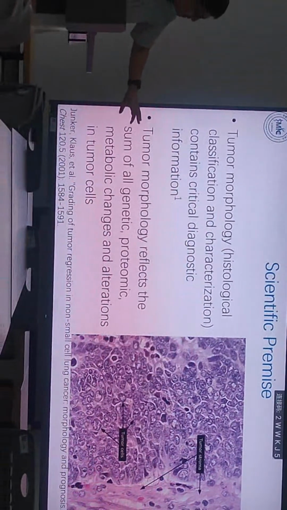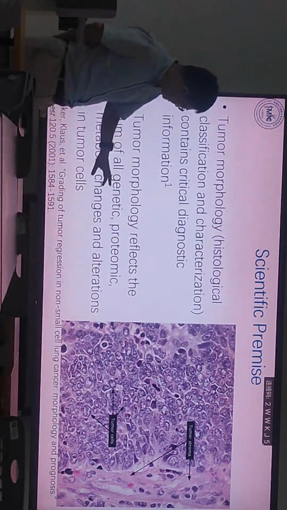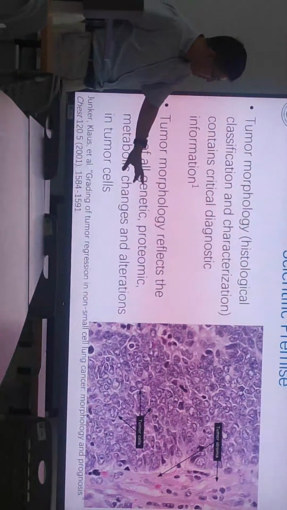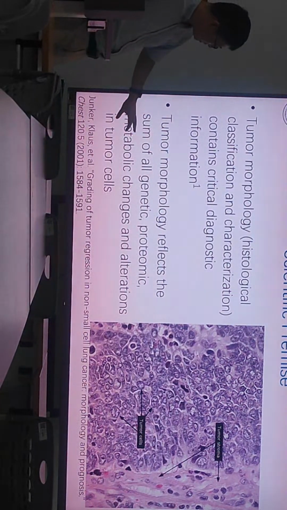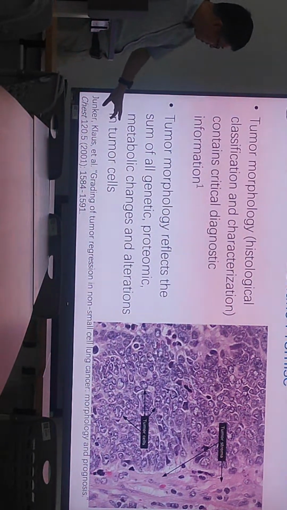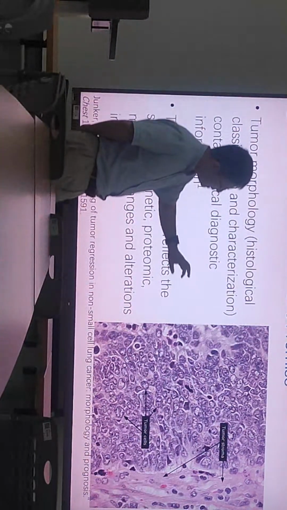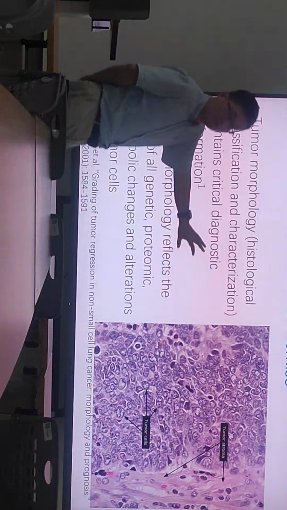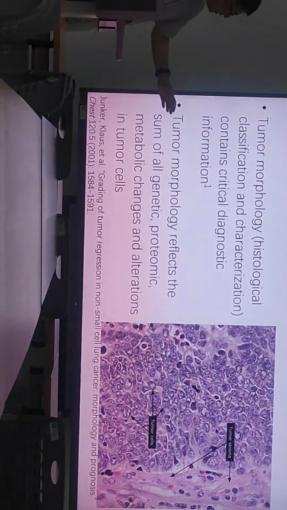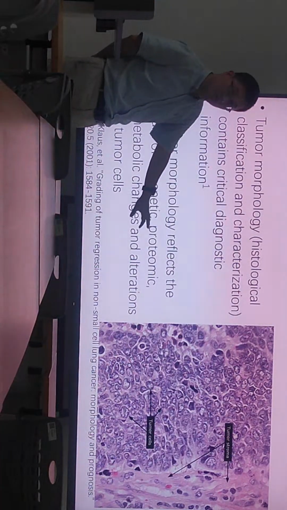Our scientific premise is that tumor morphology can contain very critical diagnostic information in images. For instance, tumor morphology reflects the sum of genetic, protein, and metabolic changes and alterations of tumor cells. What we want to do is take information from these images to predict some genetic changes.